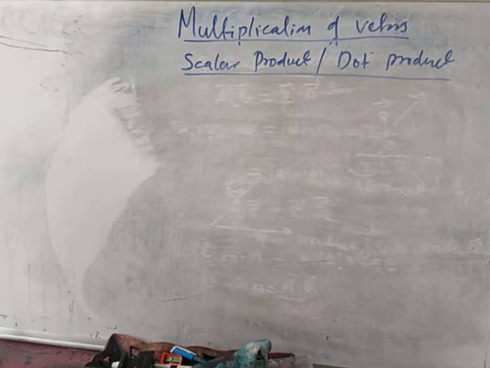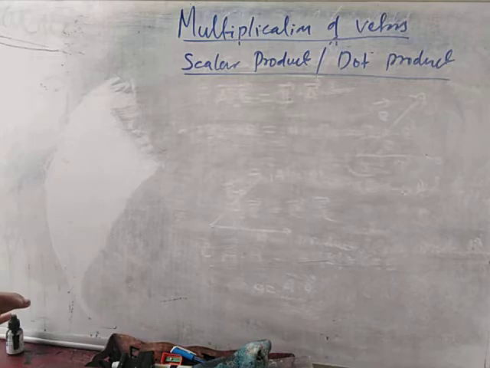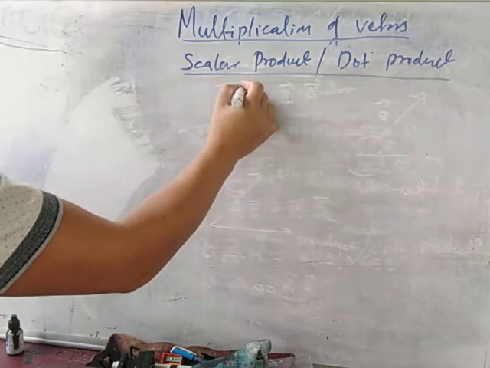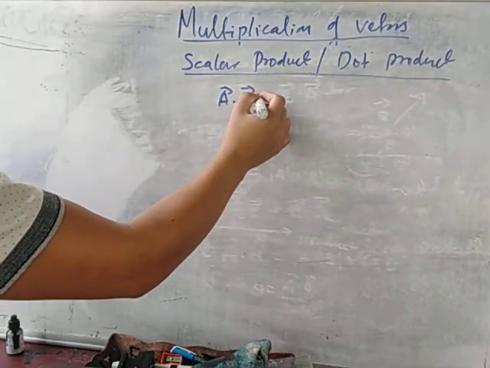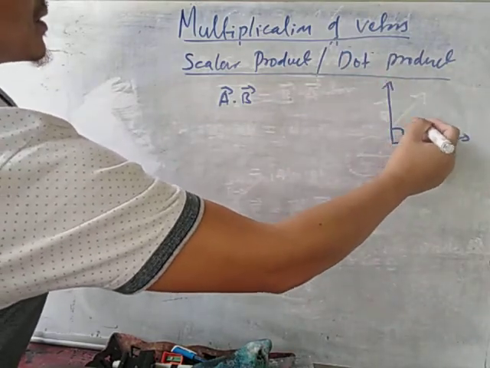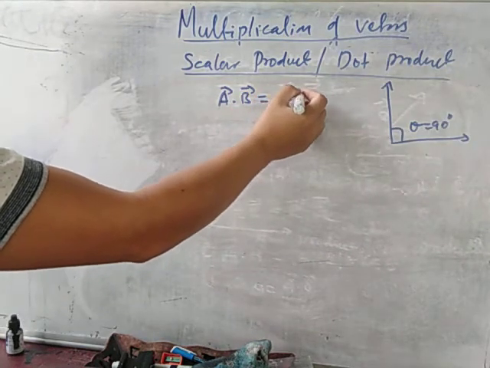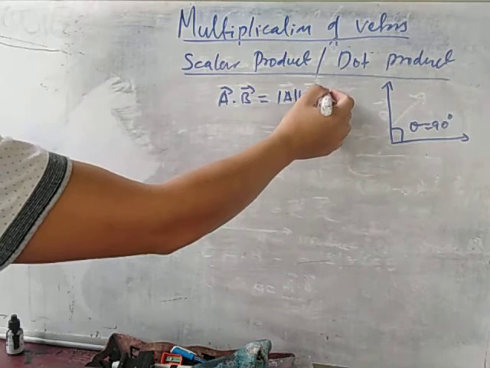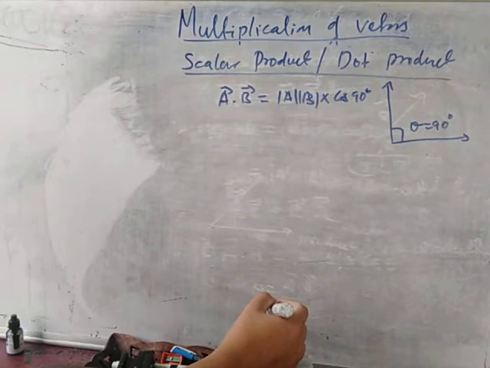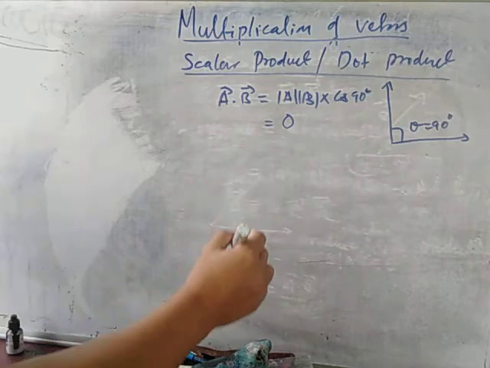Now if vector A and vector B are perpendicular to each other, then theta equals to how much? 90 degrees. At that time this equals A B into cos 90. As we know cos 90 equals 0, so this equals 0.